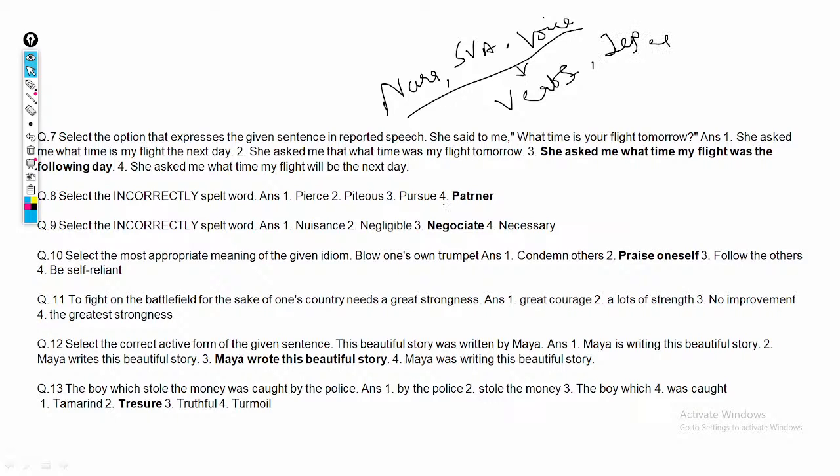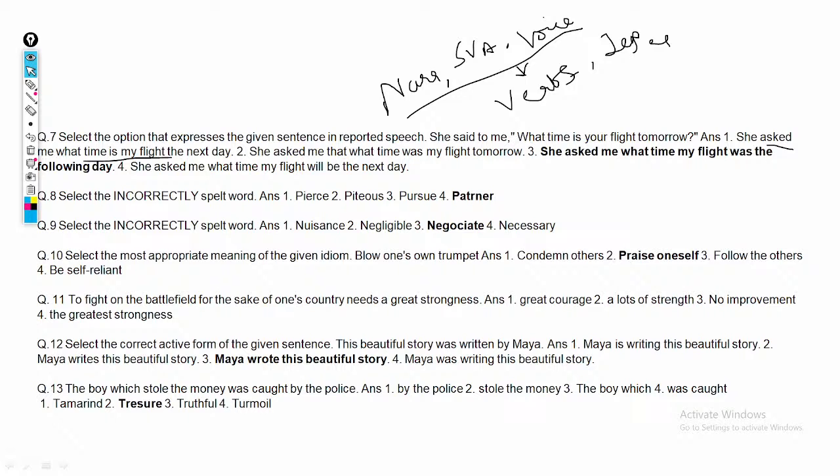She said to me, what time is your flight tomorrow? So this is our question. And what will be the correct answer for that? She asked me what time is my flight the next day. Because as I said, it is a question, they have written asked. So you may think, okay, this is correct, but this is wrong because is my flight is not the correct tense.